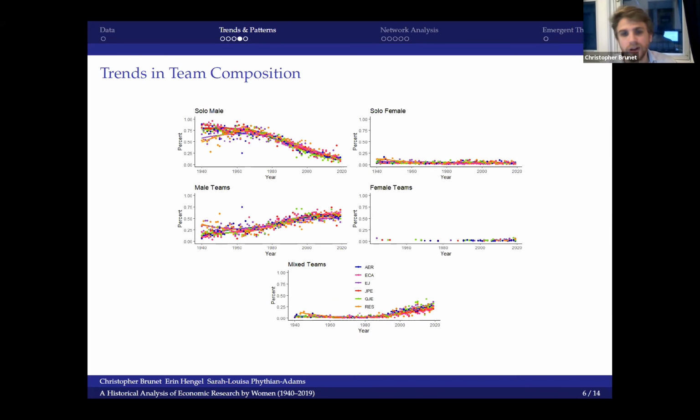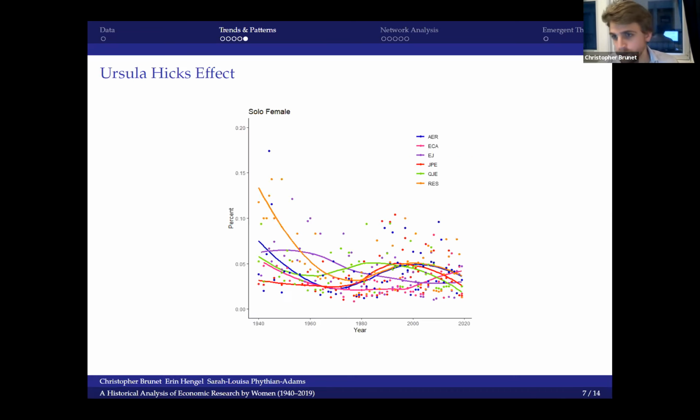Oh, sorry, if we zoom up, see on the top right panel here, the solo female, it's showing the y-axis is 0 to 100%, but if we were to scrunch in a little bit, you can see this is what it looks like. It's still hovering around 3 or 4 or 5%.